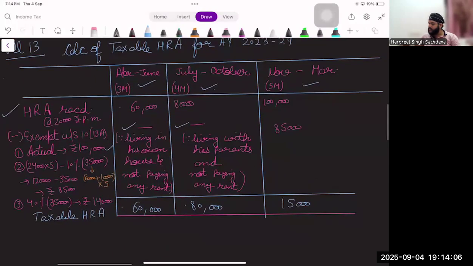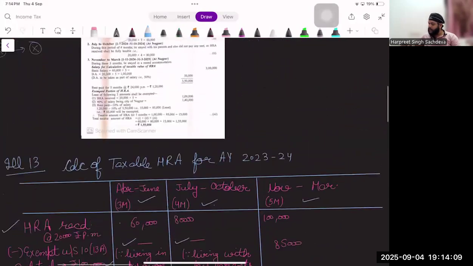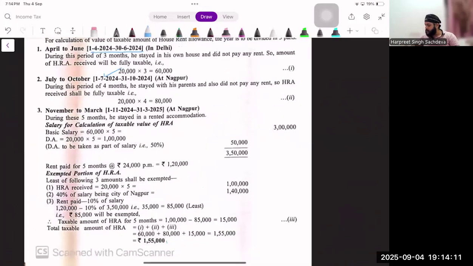The taxable HRA is the total of all, that is 1,55,000. Okay, Raja. Am I clear? Clear, clear, clear.